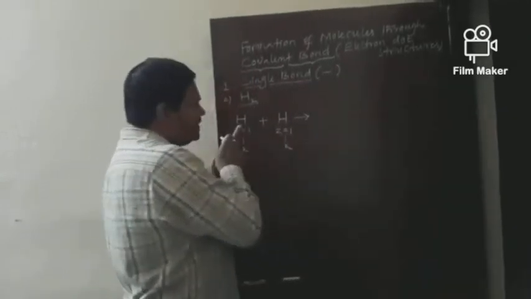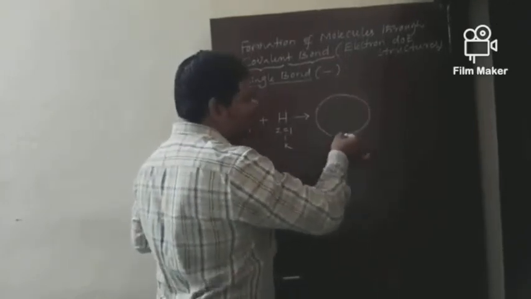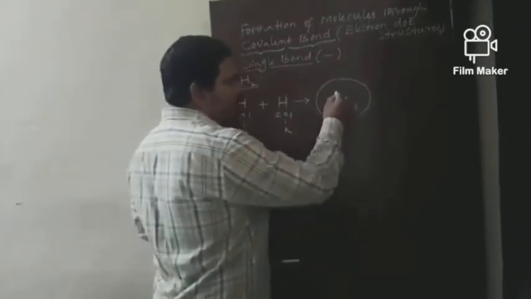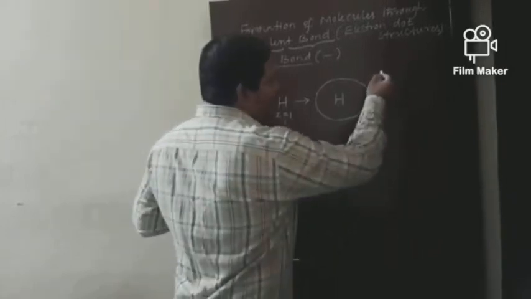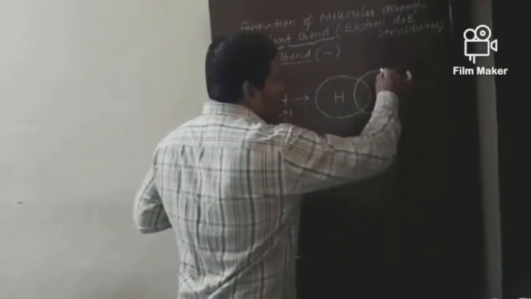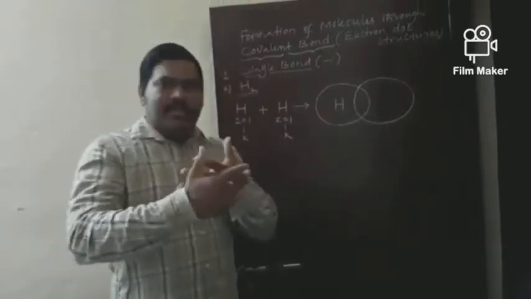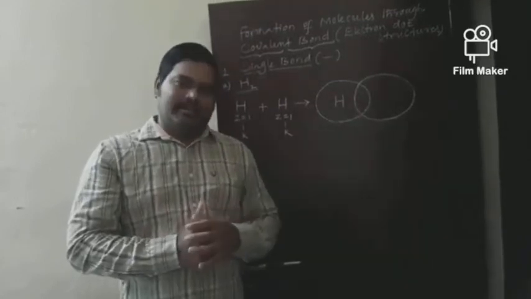Let me represent this hydrogen in the form of a circle like this. So the first circle represents a hydrogen. What is this element called? Hydrogen. Okay. And after overlapping, do you know what is meant by overlapping? Interaction is called overlapping.